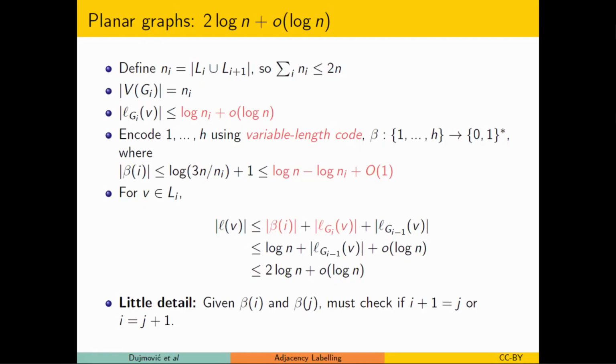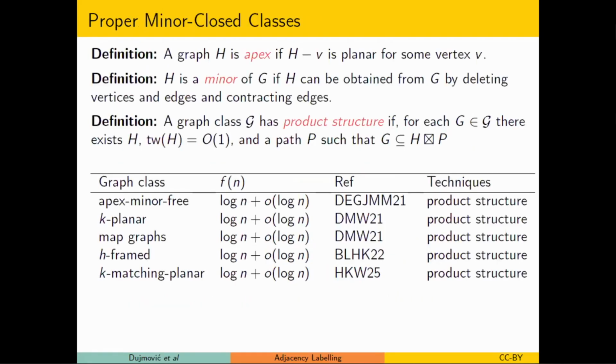Okay. All right. So now we finally get to actually the topic of the seminar today. So this is supposed to be about H minor free graphs. So I should maybe say what a few of these things are. Before I talk about H minor free, let me tell you what an apex graph is.